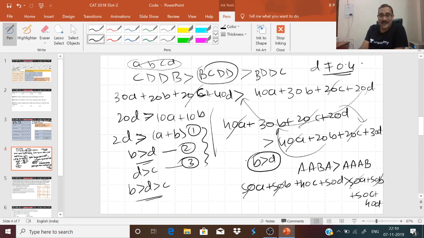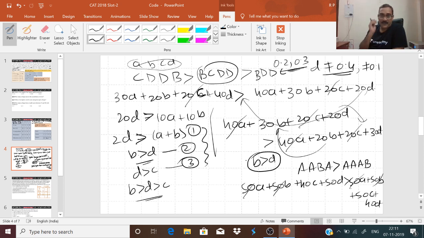And D cannot be 0.1 also. Why? Because the weight of C is less than 0.1. So the only possibility is the weight of D is 0.2 or 0.3.